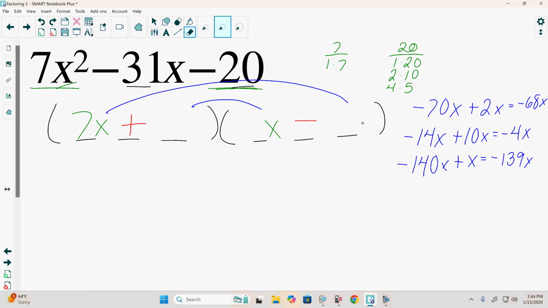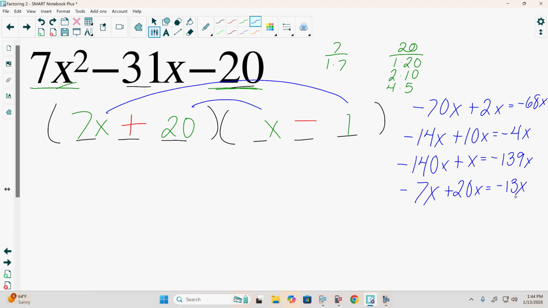So we can switch to 1 and 20. And we can try this again. 7x times negative 1. 7 times negative 1 would be negative 7x. Positive 20 times x would be 20x. Negative 7x plus 20x. Negative 7 plus 20 would give us negative 13x. That's not the middle term that we wanted.